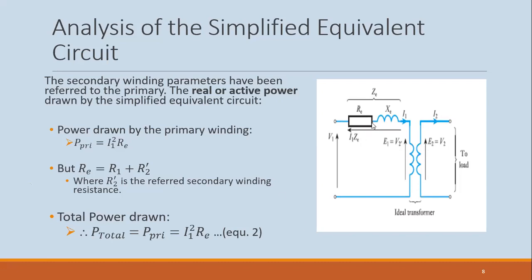Because the resistance would be relatively low compared to the reactance for power system level transformers. So we can actually get this down to one equivalent impedance, which is what we're trying to do here. Right? Yes, sir. I get it. Okay, good.